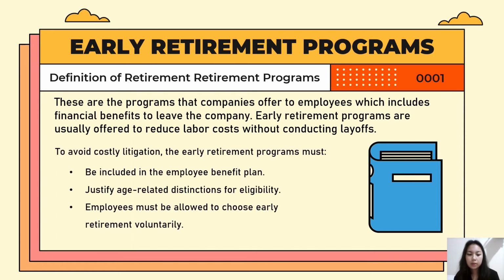That's why, in order to prevent those issues, the programs must first be included in the employee benefit plan to save costs, and they must also justify age-related distinctions for eligibility. And lastly, employees must be allowed to choose early retirement voluntarily. Companies must never force employees to retire because when they do so, employees can legally complain, which can be a big disadvantage to both parties.